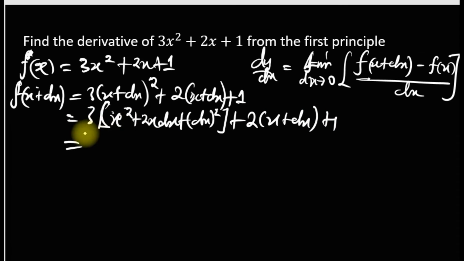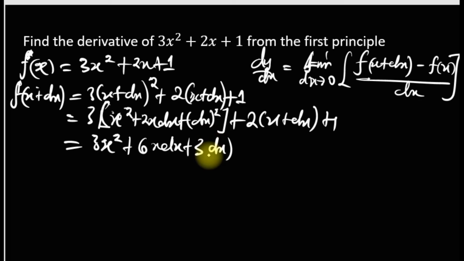So open up this: 3 times that is 3x squared plus 3 times 2x dx is 6x dx plus 3 dx squared, plus you open up this, which is 2x plus 2 dx plus 1.